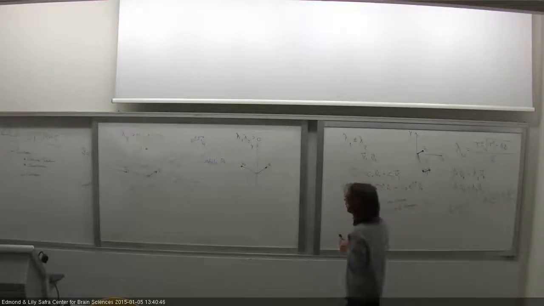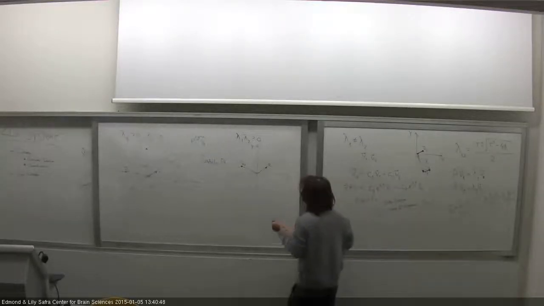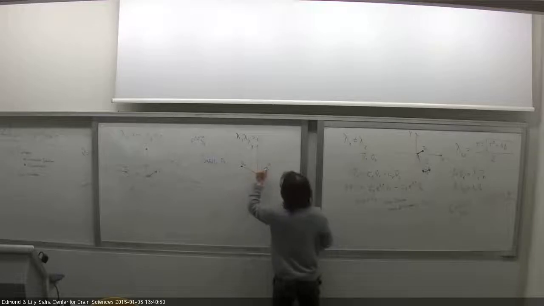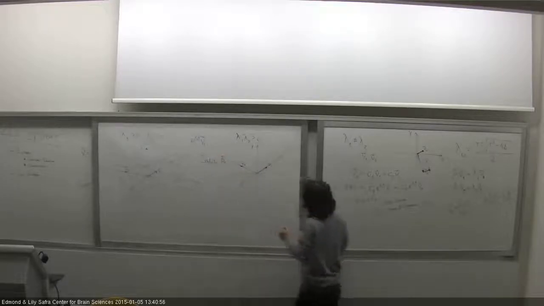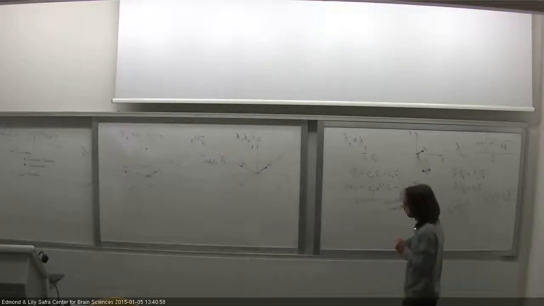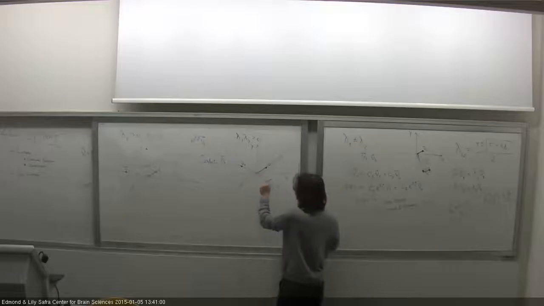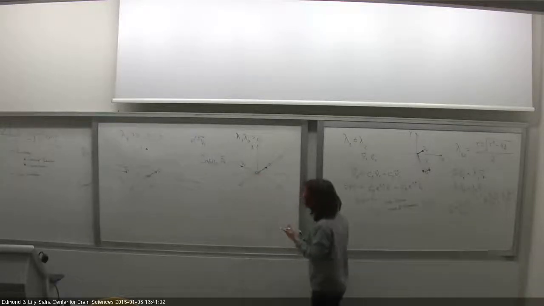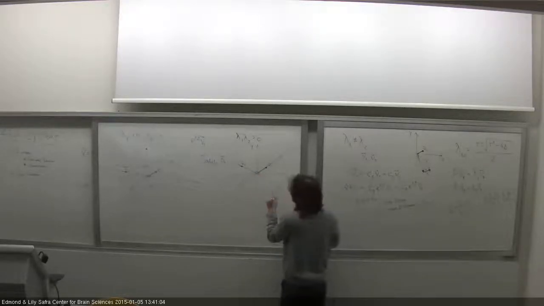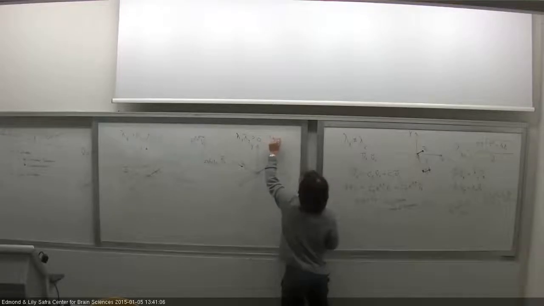So I start drawing the system by drawing what happens on the eigendirections. Have growth along the eigendirections. This is clearly an unstable fixed point.